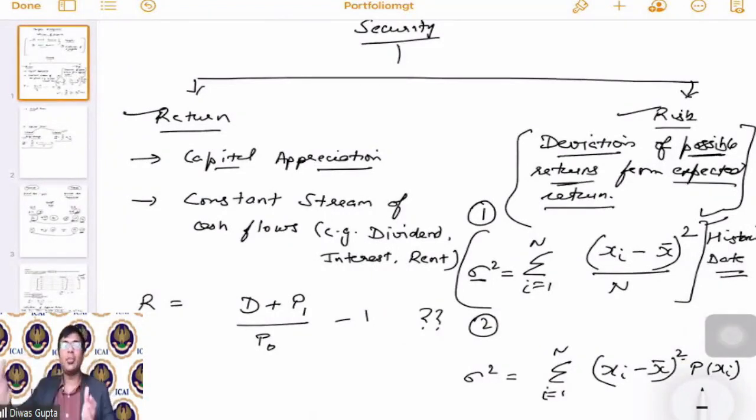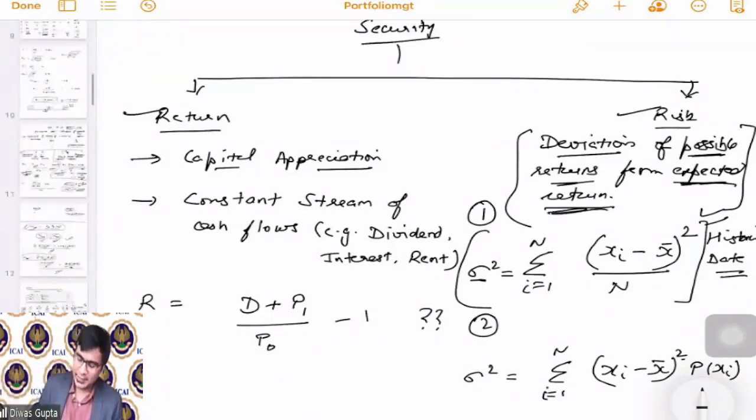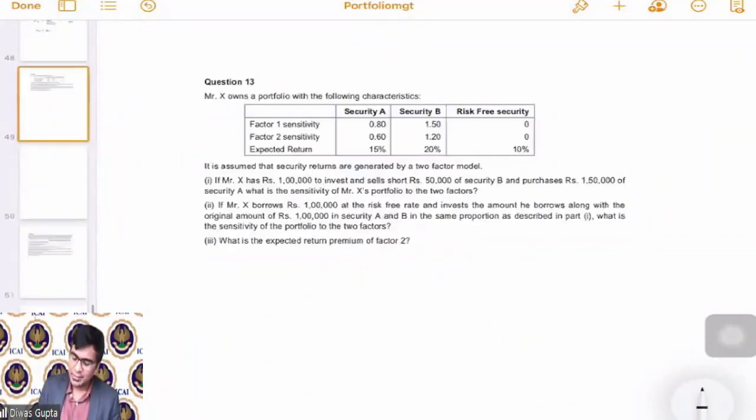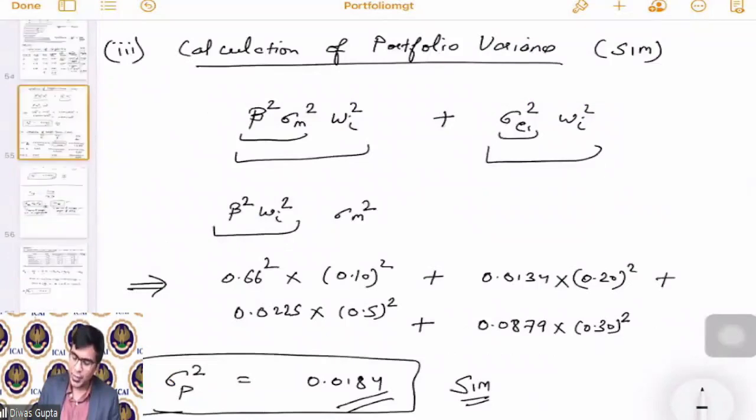Possible can be in the form of actual if it is historical data, or if it is futuristic data, that means with the probability, whatever are the possible returns that are given, from the expected return. I hope, Namita, that answers the question. So hence we have taken the difference and put it as a risk premium to calculate the return.